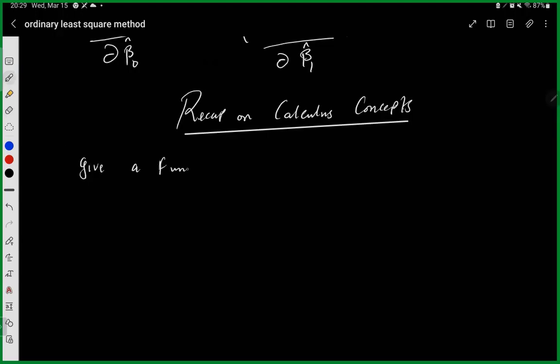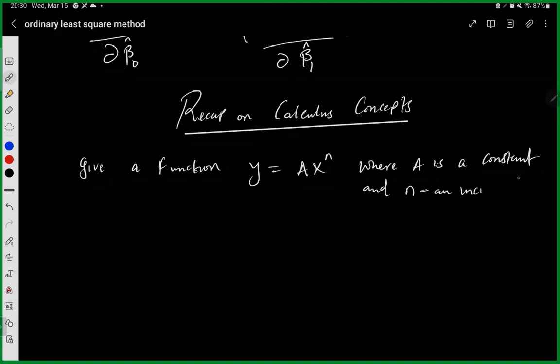Consider a function y equals a x to the power n, where a is a constant and n is an index, which could take any value.